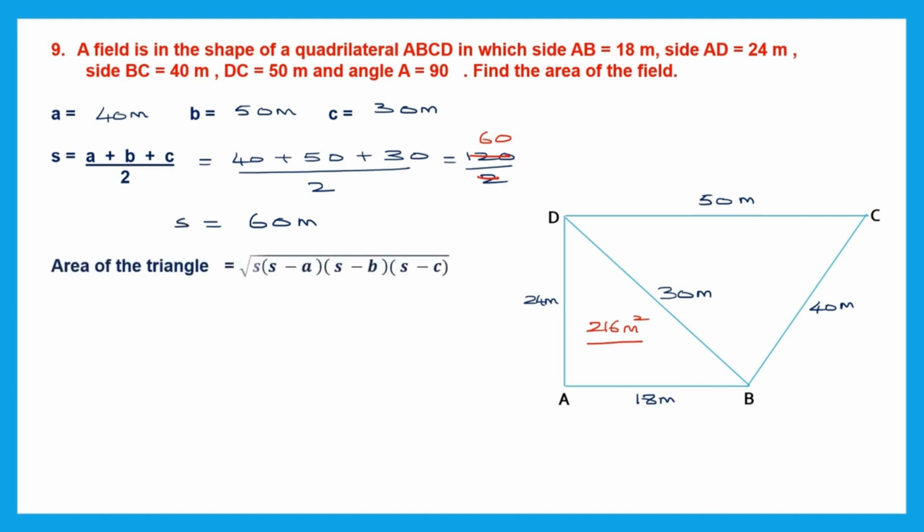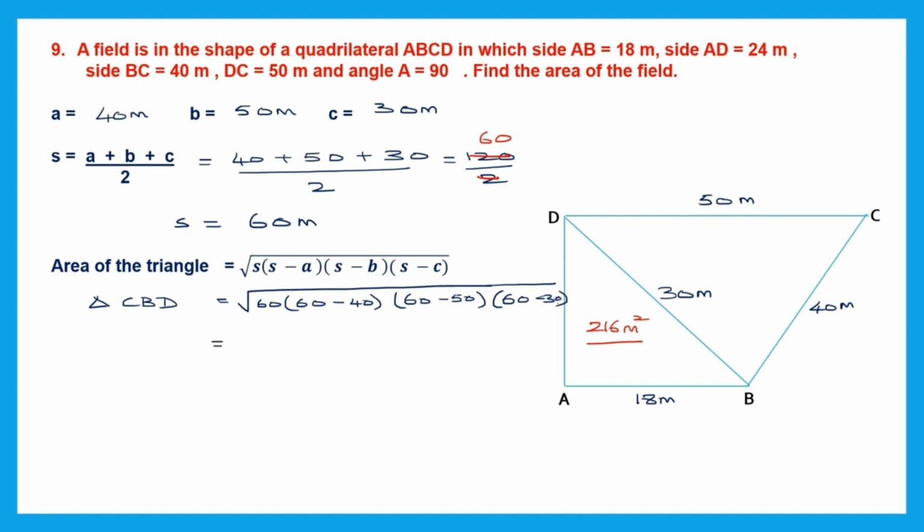Now let's use Heron's formula to find the area of the triangle, and that too triangle CBD, that is triangle CBD. So here let's write this down. So here we have semi-perimeter, which is 60, into 60 minus A, which is 40, into 60 minus B, which is 50, and we have 60 minus C, which is 30.